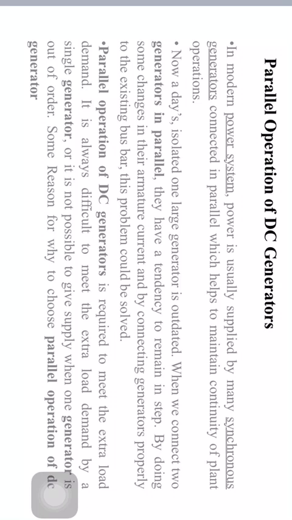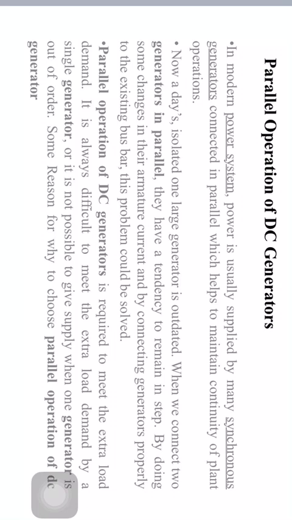Next, why do we go for parallel operation of DC generators? Parallel operation of DC generators is required to meet the extra load demand. It is always difficult to meet extra load demand with a single generator, or it is not possible to give supply when one generator is out of order. If we place one large generator and it needs repair, it is difficult to meet the load.